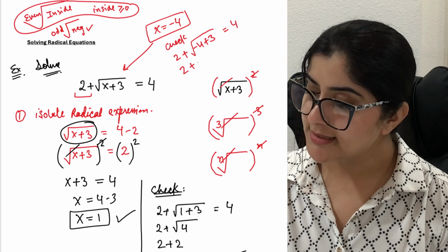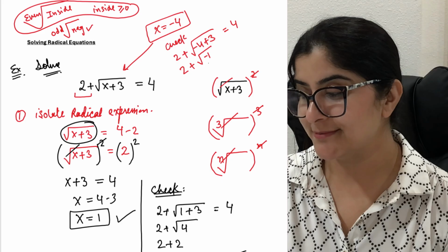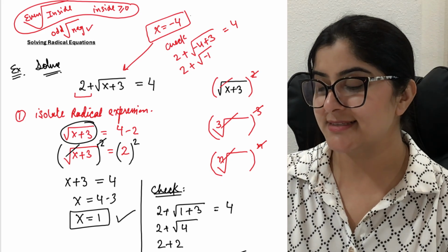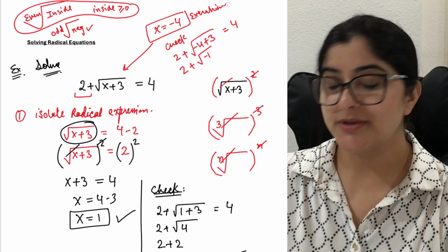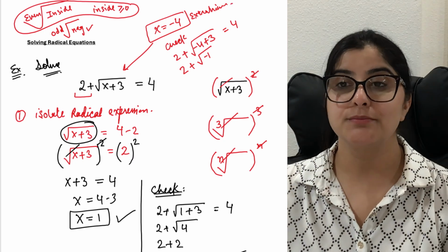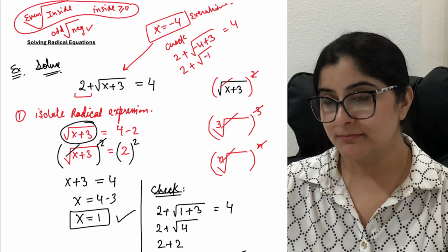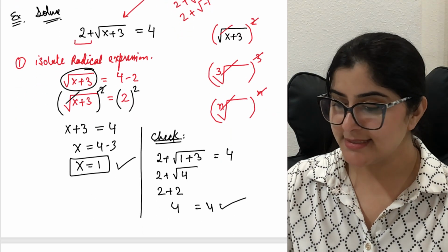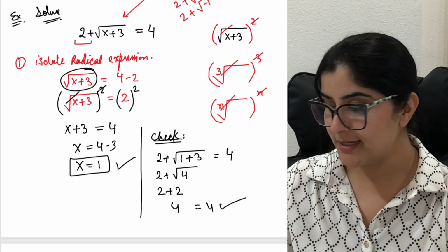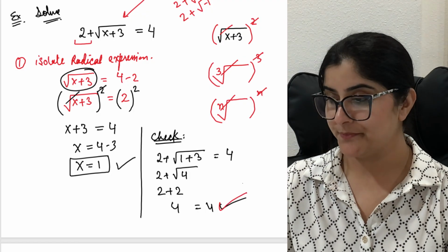This makes the inside of the square root a negative number, so right away you can say that this is an extraneous solution. Extraneous solutions are the solutions which make the inside of an even root negative. But in our case, the solution x is equal to 1 is not extraneous. It satisfies the given equation.